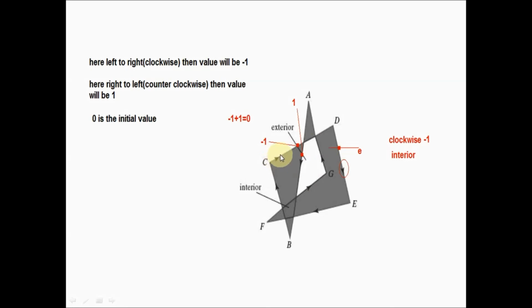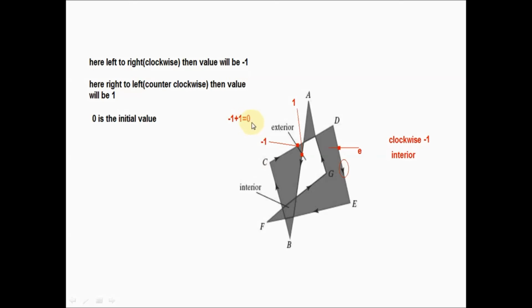Here for this edge, left to right means clockwise, so the value is minus 1. So when you add these two values, 1 plus minus 1, it is 0.